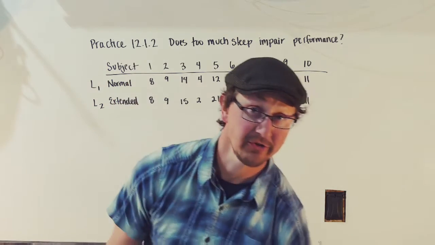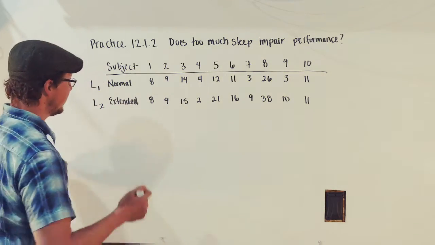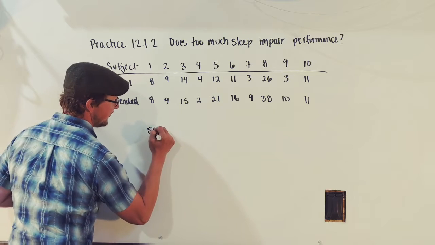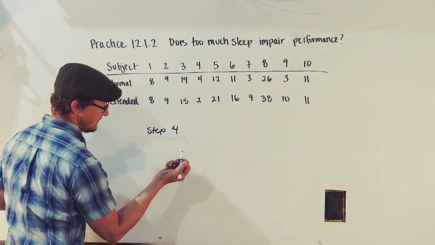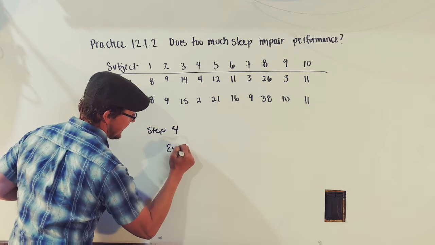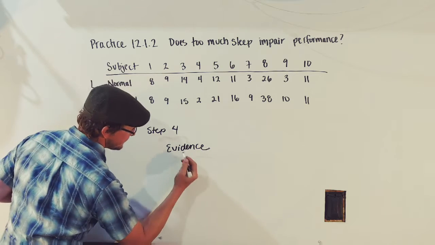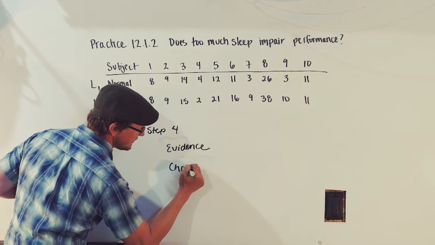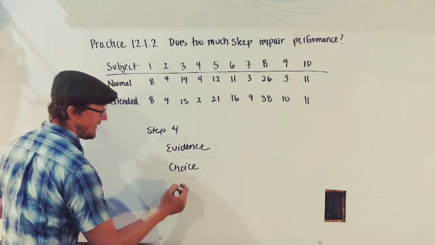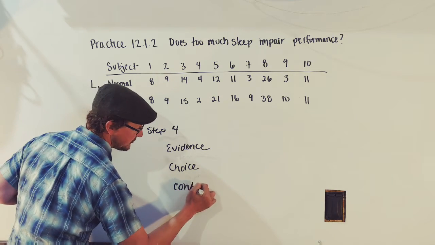Now we're probably masters of conclusions, so let's talk about our evidence, the choice we're going to make, and the context.